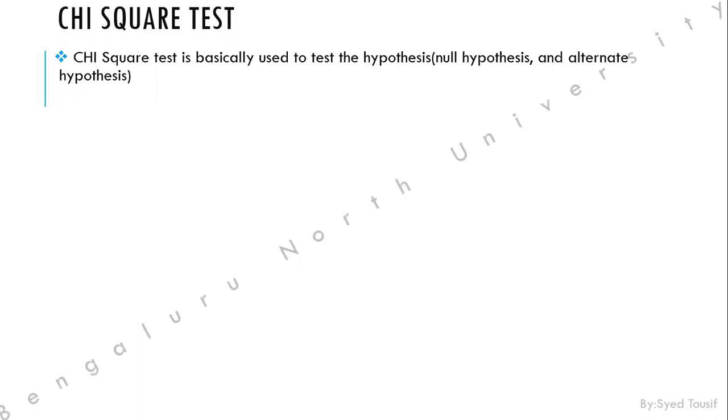That is one type of hypothesis we are making, called the null hypothesis. What the theory is claiming is called the null hypothesis, and opposite to the null hypothesis we have the alternative hypothesis.